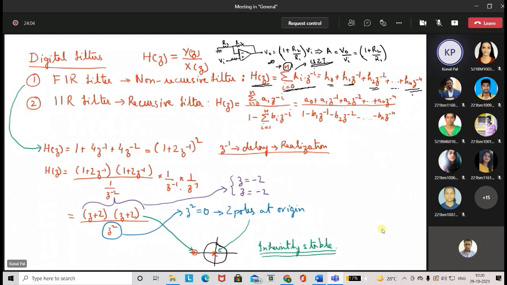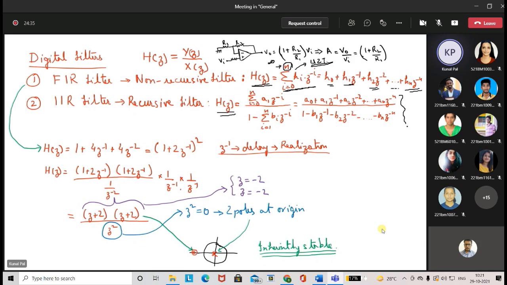On the contrary, we have IIR filters, which are the recursive filters, and their transfer function H(z) is given by, in the numerator, the summation of i equals 0 to n of a_i z to the power minus i, divided by 1 minus the summation of i equals 1 to n of b_i z to the power minus i. If you expand this, you get this kind of architecture.